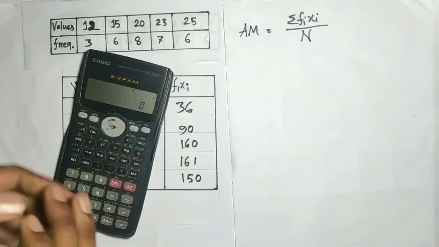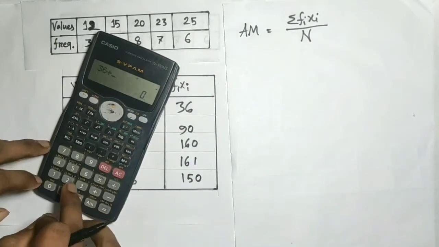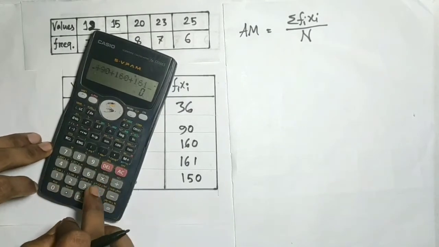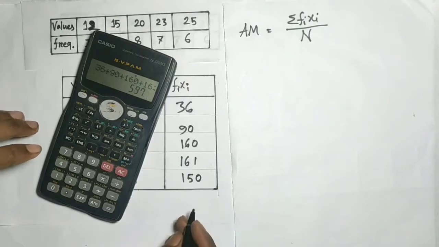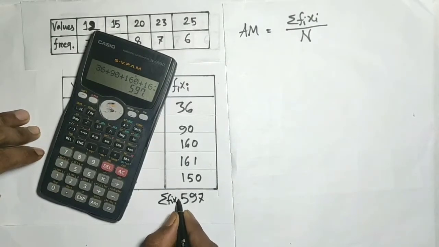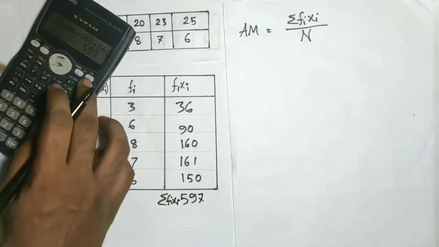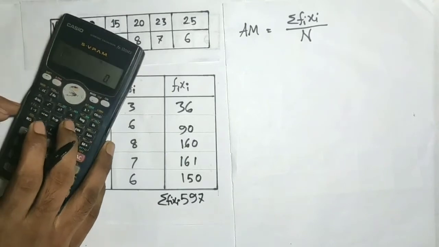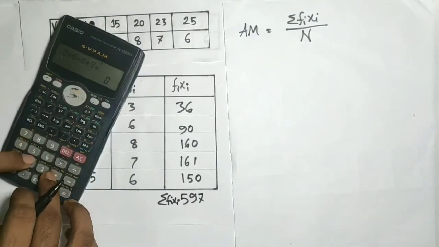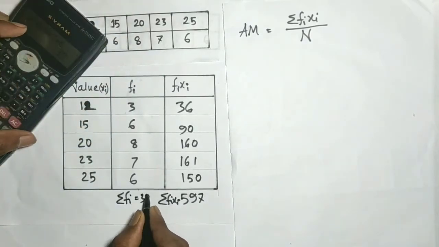We can use a calculator to find the summation of these products, that is 36 plus 90 plus 160 plus 161 plus 150, and this is equal to 597. That means the summation of fi xi is equal to 597, and the total number of observations, 3 plus 6 plus 8 plus 7 plus 6, is equal to summation of fi, that is 30.